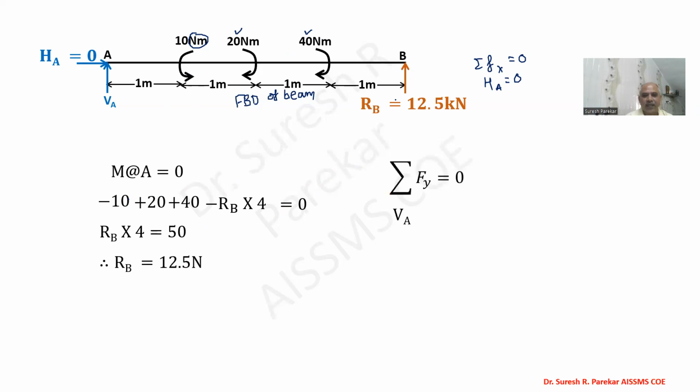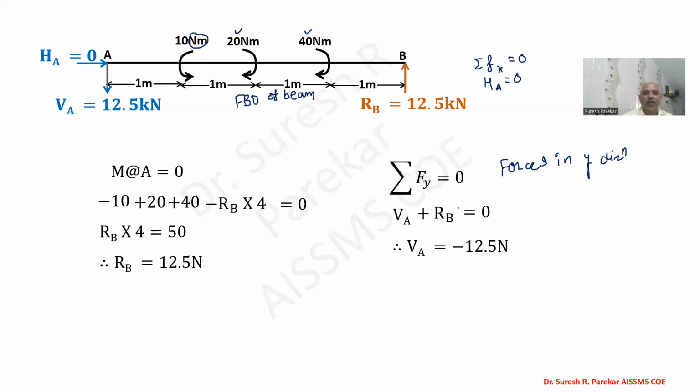Then we apply summation Fy equal to 0. We have VA plus RB equal to 0, because the moments do not contribute and we have only 2 reactions in the Y direction. From this we get VA equal to minus 12.5.